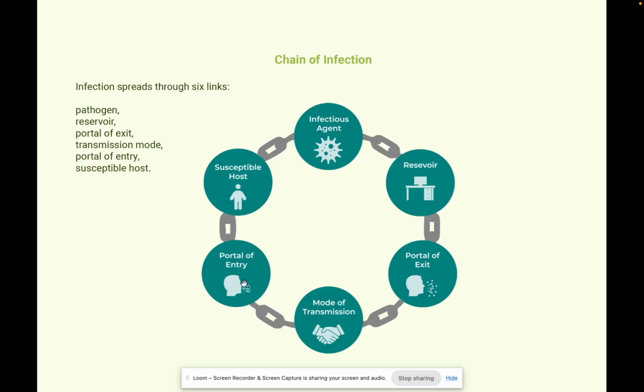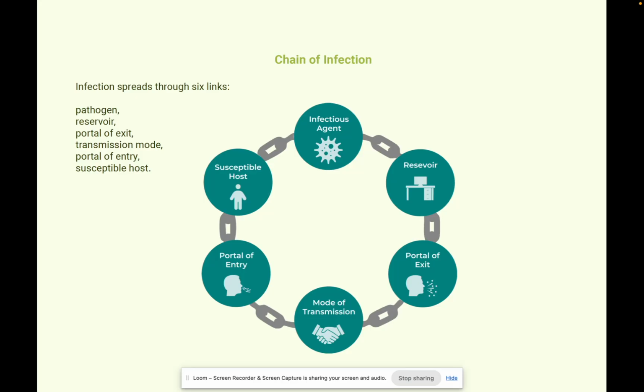And then the portal of entry, this is the way the infectious agent enters the new host. So that's how you spread the infection. This can occur through inhalation, ingestion, or even breaks in the skin that are open, right? And susceptible host, it is a person or an animal who is at risk of becoming infected.